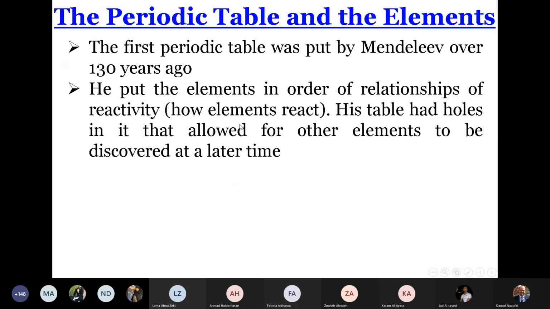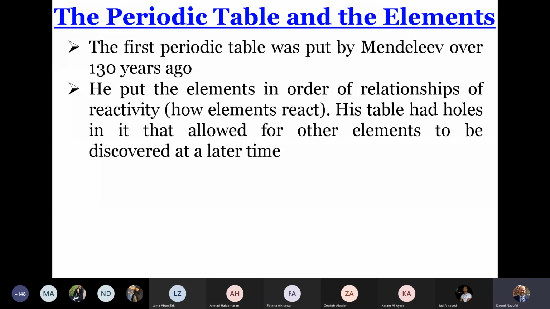Mendeleev observed that some elements have the same chemical properties. For example, if we take sodium in water, we observe that the reaction is highly exothermic. We repeat the same experiment with potassium.